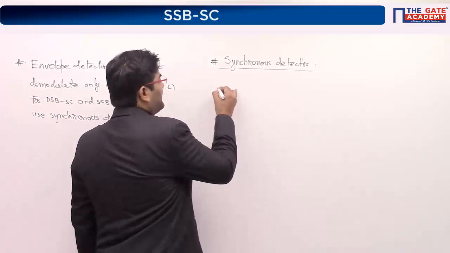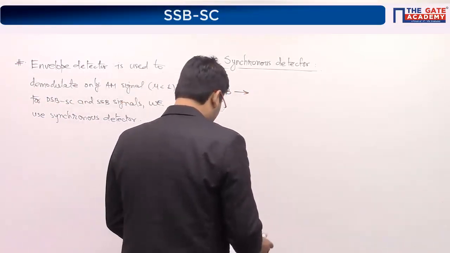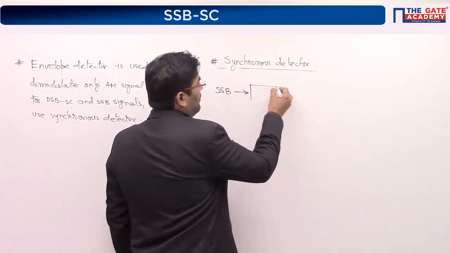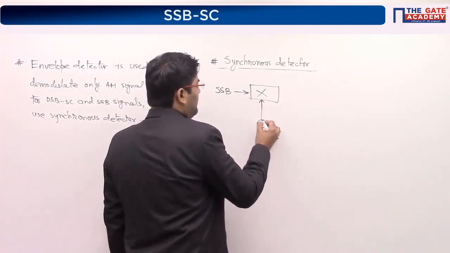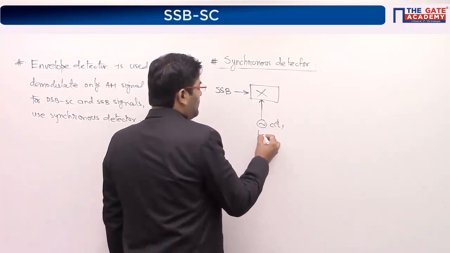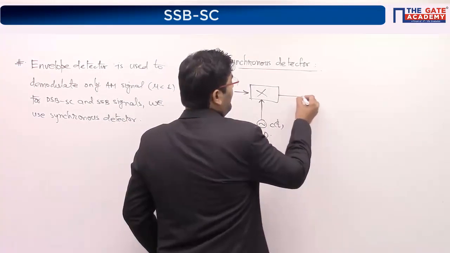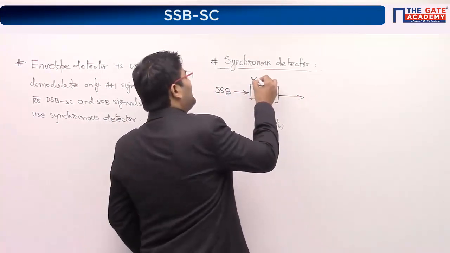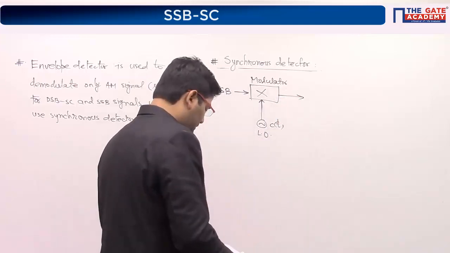So guys, you have an SSB as input. You take a multiplier and multiply by the carrier signal generated by a local oscillator at the receiver's end. Okay? So guys, this is just like a balanced modulator, or simply you can call it a modulator.